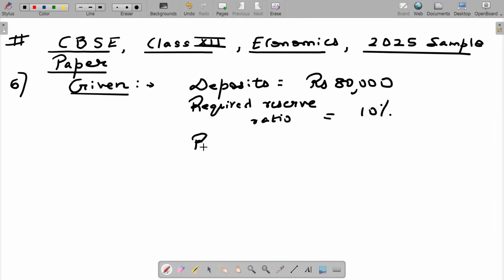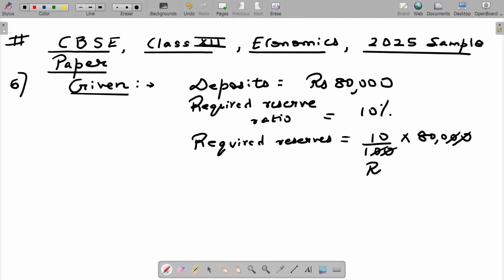That means how much should the bank hold as required reserves? They should be 10% of the deposit. So 10% of 80,000 comes out as rupees 8,000. If the required reserve ratio is 10%, it means the bank should hold rupees 8,000 as required reserves.